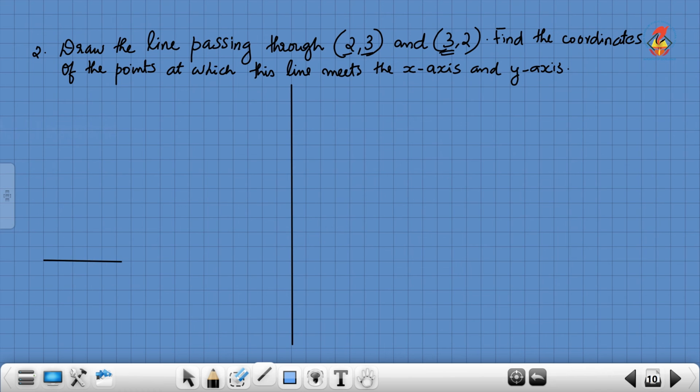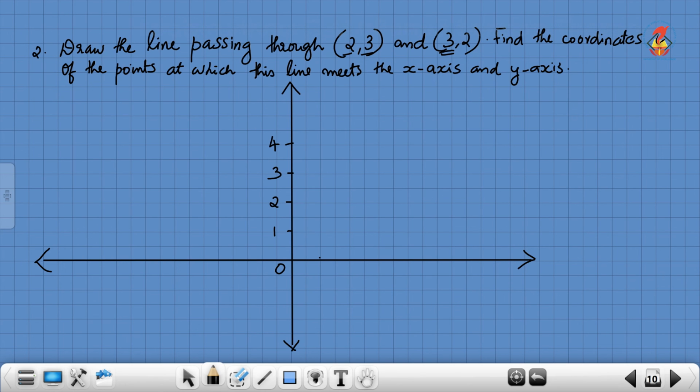Y axis, x axis. 2, 3 and 3, 2 are positive numbers, so the first quadrant is enough. No need to draw the other quadrants.